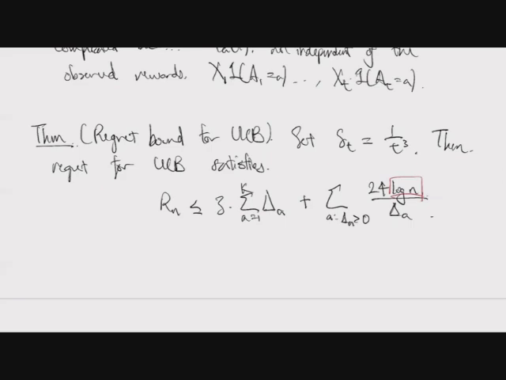So over a long time horizon, this means that we always pull the best arm, and we very, very seldom pull suboptimal arms. So this is a huge advantage for the UCB algorithm.